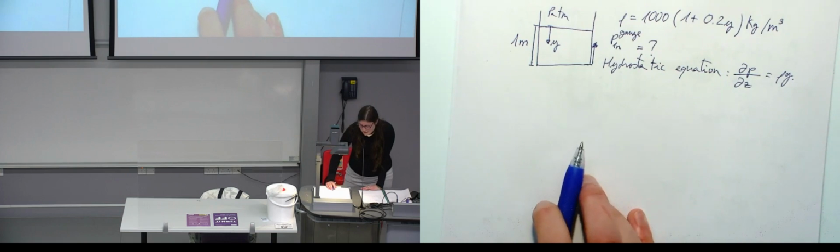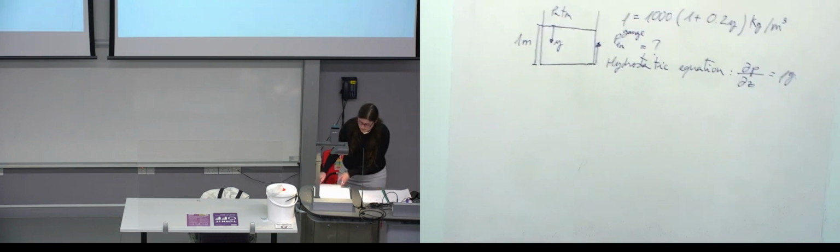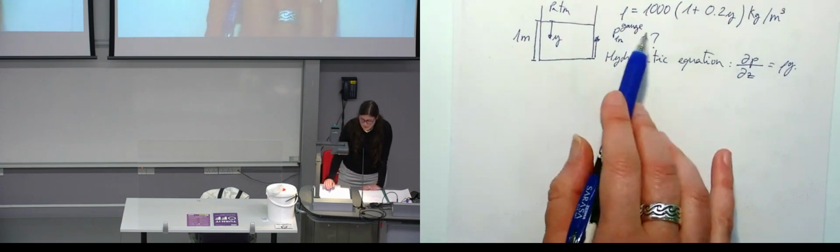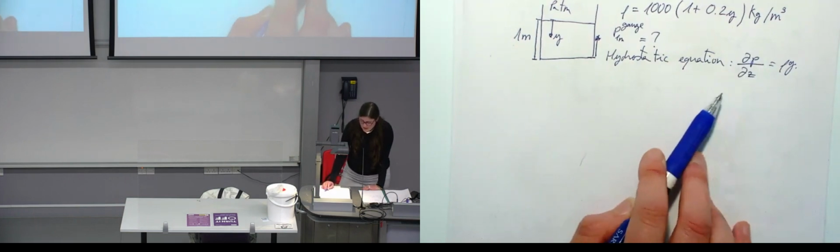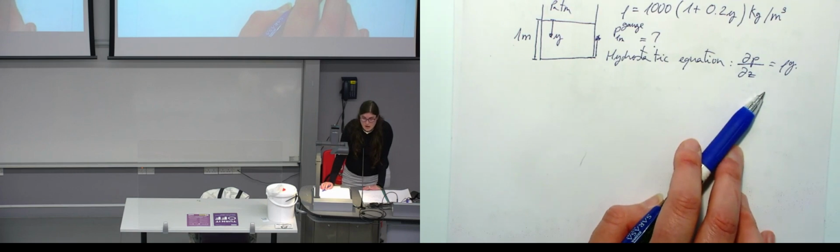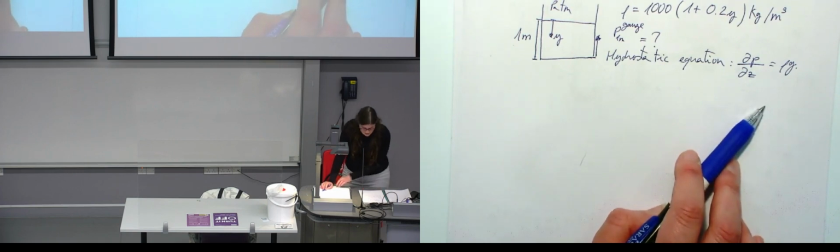So since rho depends on y, it is more convenient to have this hydrostatic equation depend on y instead of z.